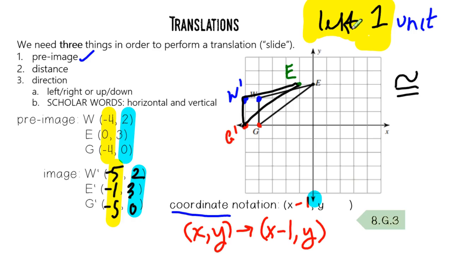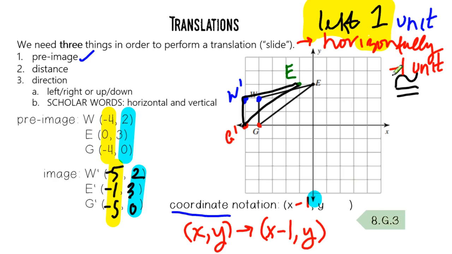So translating left 1 unit using these scholarly words of horizontal and vertical, here's how I would have to write that. Left 1 unit is the same thing as saying, please translate this shape horizontally -1 unit.